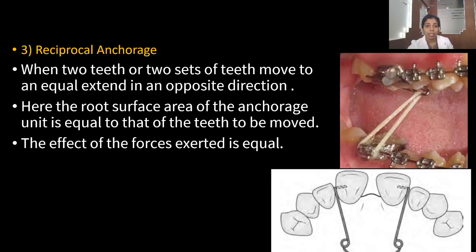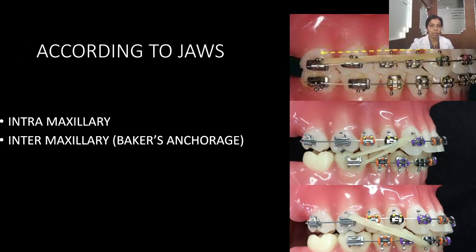And in the vertical plane, it occurs in the correction of deep bite or open bite, the same thing. In the anteroposterior plane, when we are correcting class 2 or class 3 conditions as a camouflage situation, this reciprocal anchorage occurs, that is, the effect of the forces is exerted equally, both are moving equally.